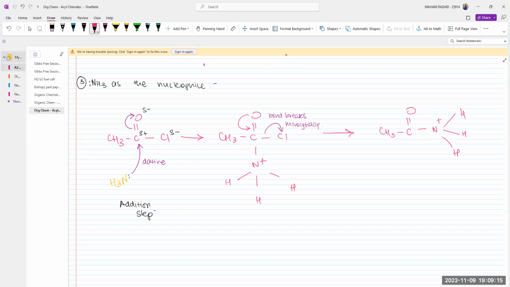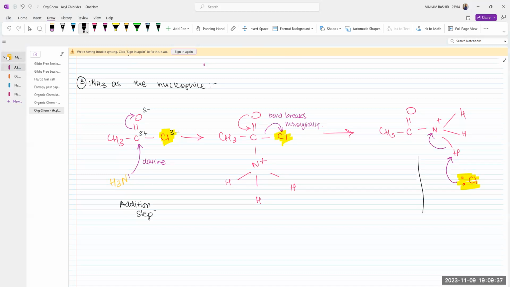And then you have a chlorine, this one. When this breaks off, this reacts with your hydrogen, right? And then your hydrogen breaks off from ammonia, right?